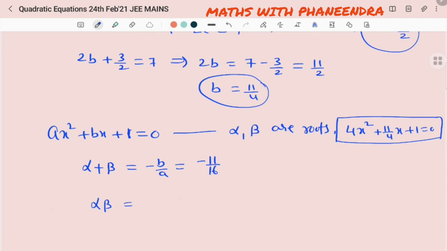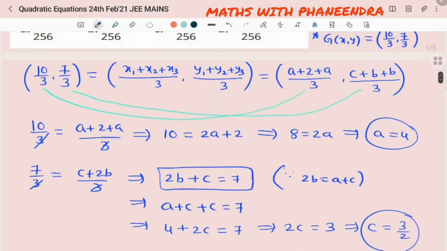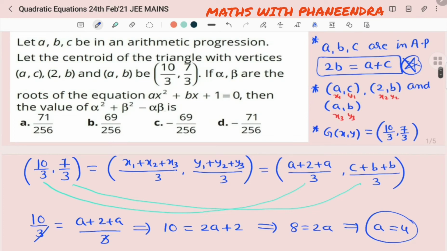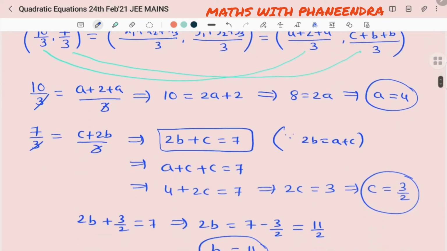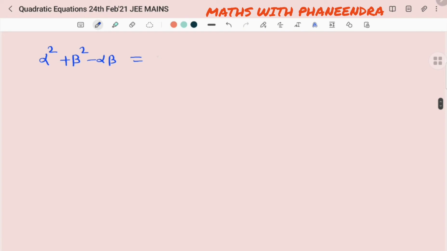Alpha beta is c by a, so 1 by 4. So they are asking to calculate the value of alpha square plus beta square minus alpha beta. So now alpha square plus beta square, can we write it as alpha plus beta whole square minus 2 alpha beta?